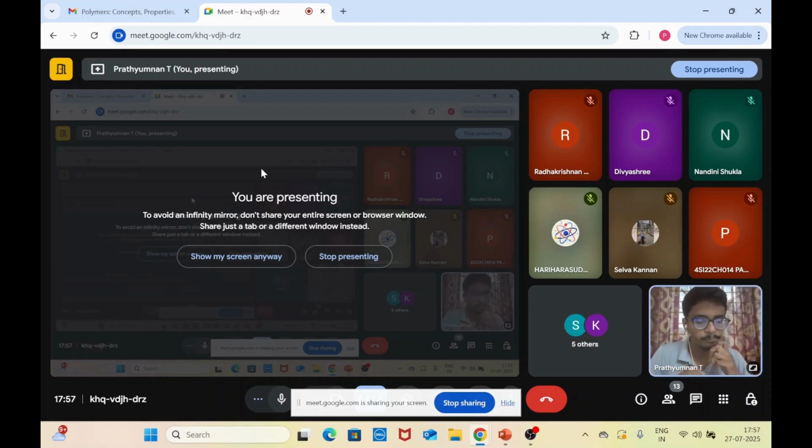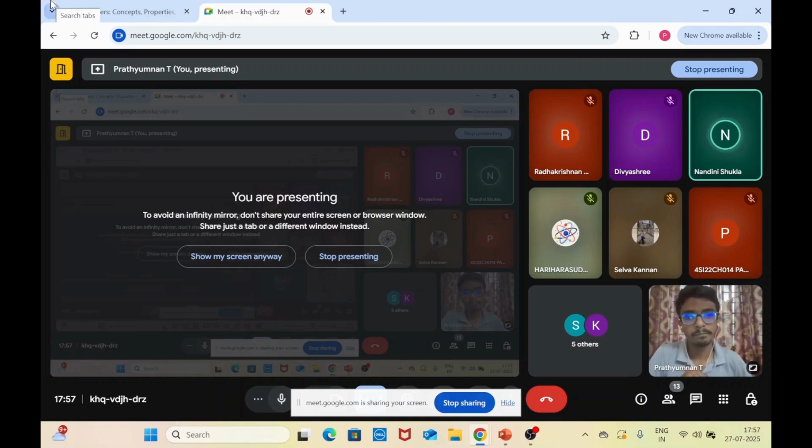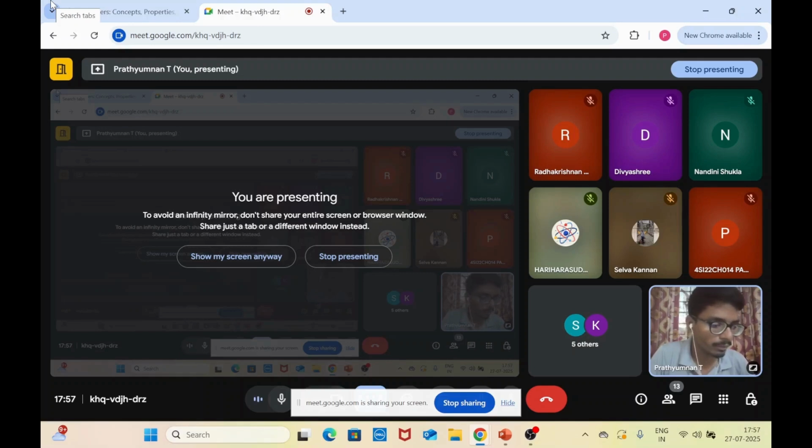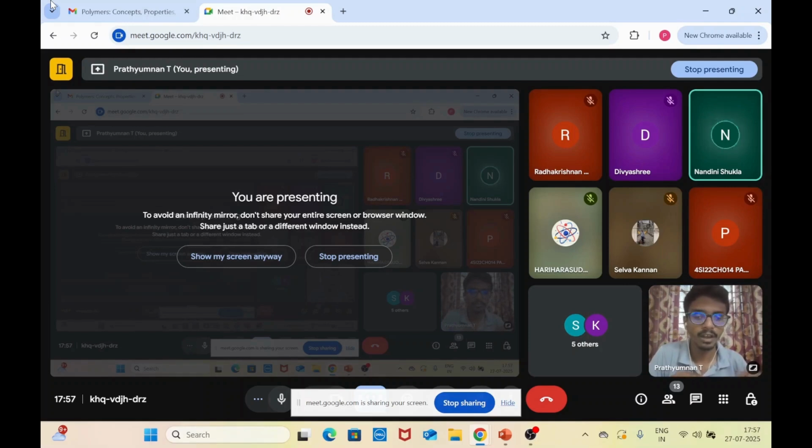It would be a double bond, because olefin is typically a term given for alkenes. So it should be a double bond. Okay, yeah, go ahead.